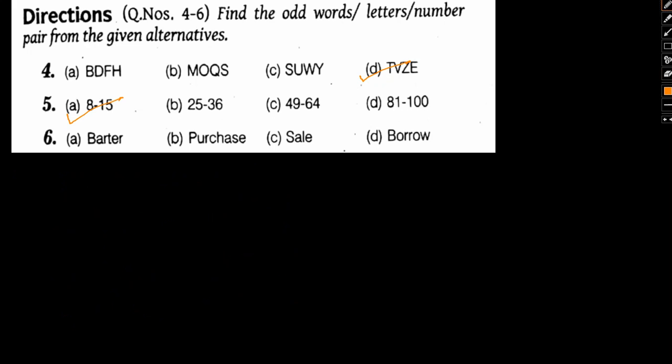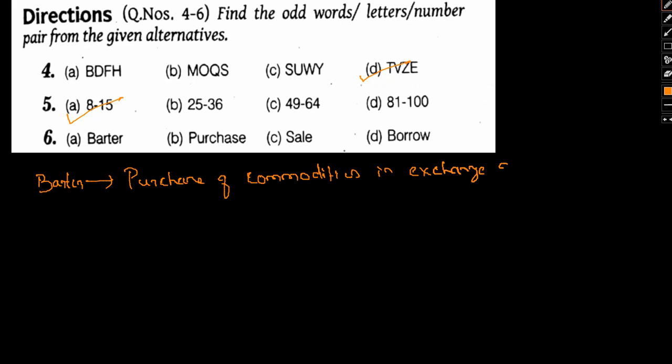First, let us try and understand each and every word. Barter: if this is a new term for you, barter means basically the purchase of things. It's a very ancient system. Purchase of commodities in exchange of another commodity.